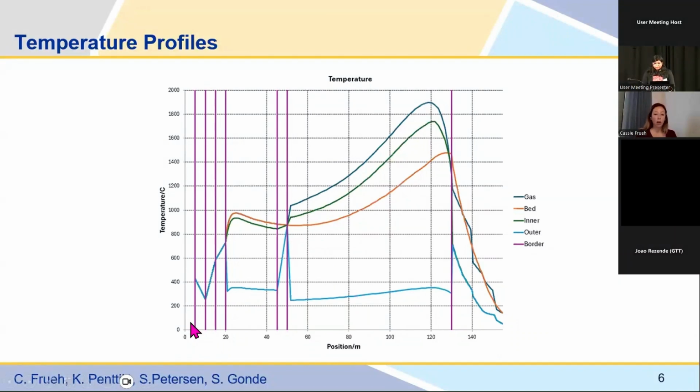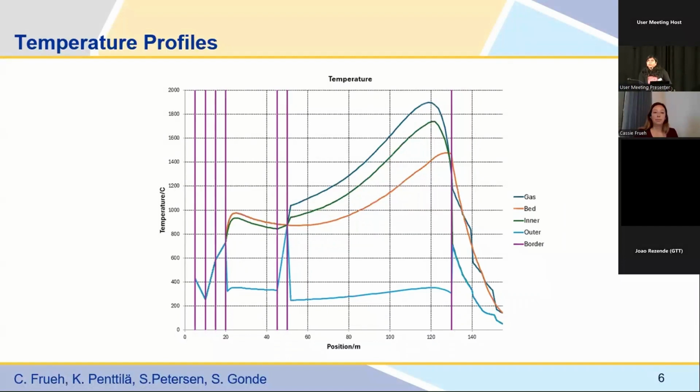And as soon as you cross that vertical line, you go into cyclone number 2, and then cyclone number 3, cyclone number 4, before you hit the calciner, which is the larger section. And then it goes to cyclone number 5 before it hits the rotary kiln. And then it shows the cooler at the end. So you can look at it for just one process model unit, but you can also look at it for your entire production process.